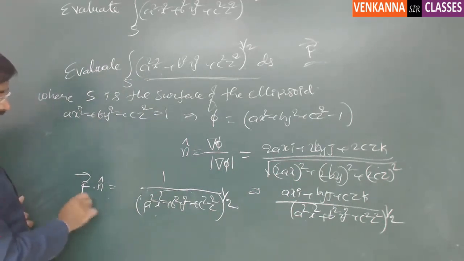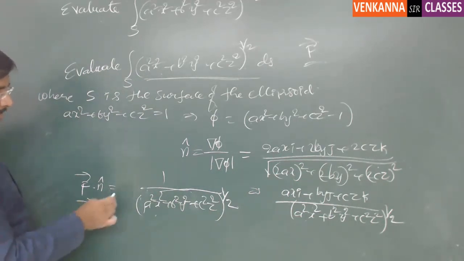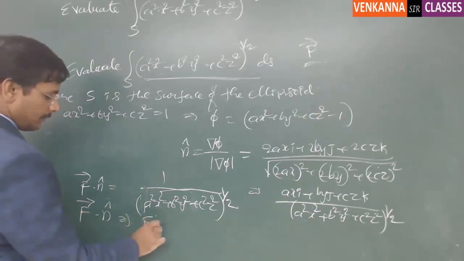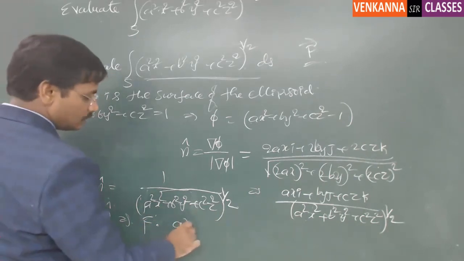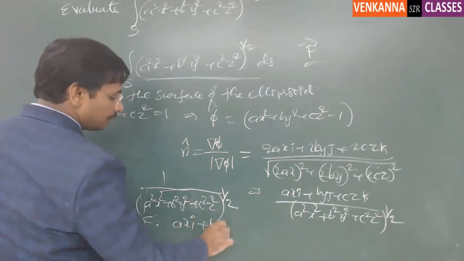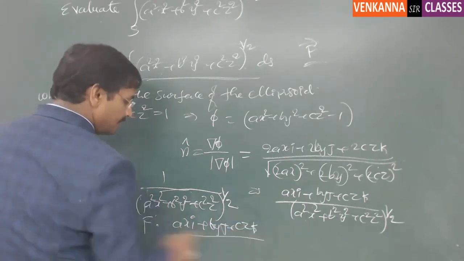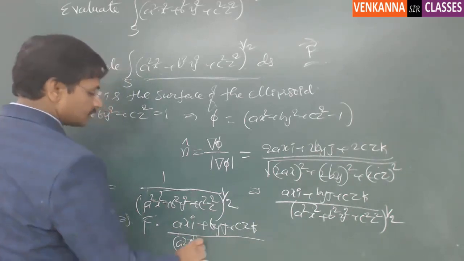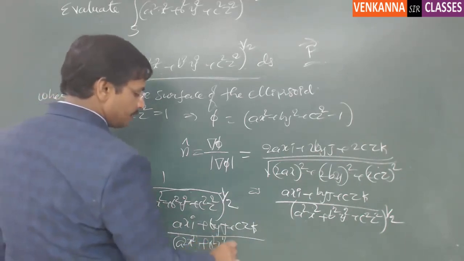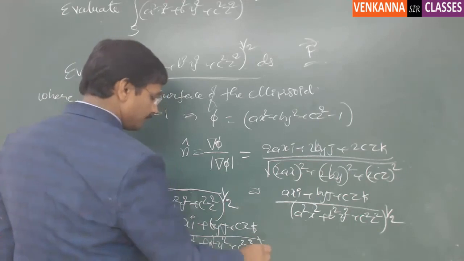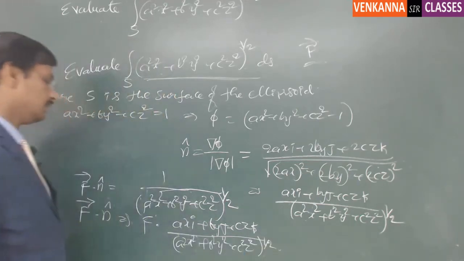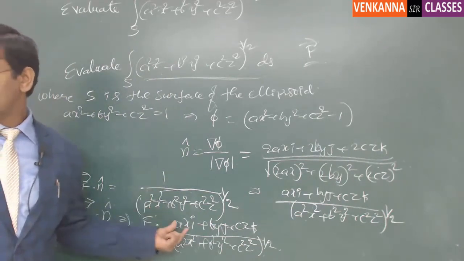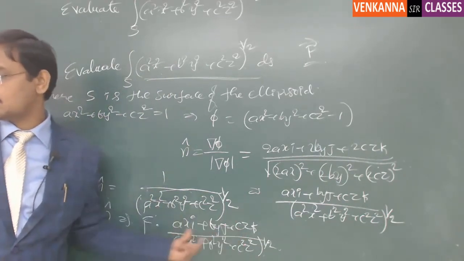Now F dot n cap is (ax i + by j + cz k) divided by (a²x² + b²y² + c²z²)^(1/2). If it has to be equated to this one, then ax, by, cz is left over.